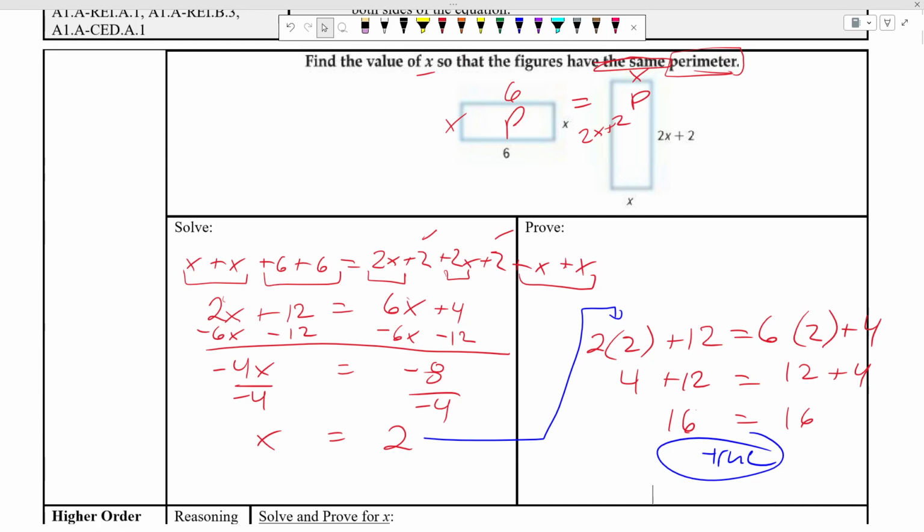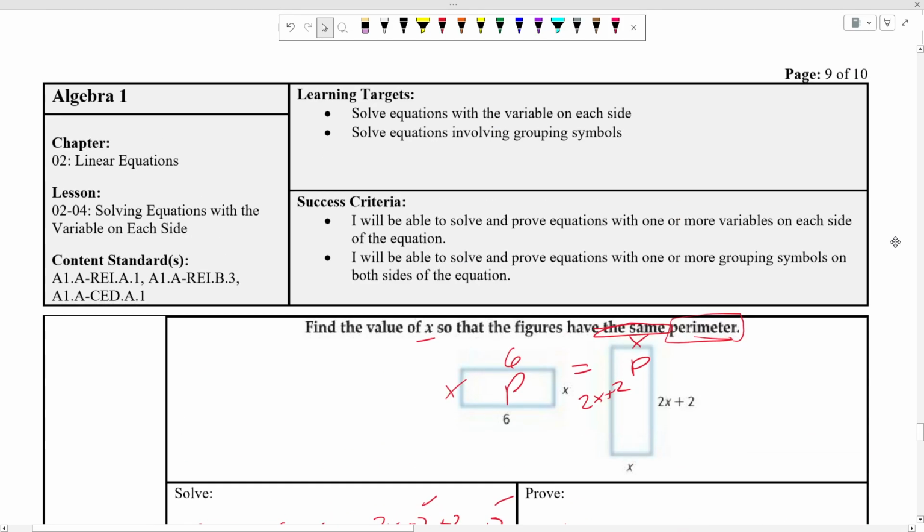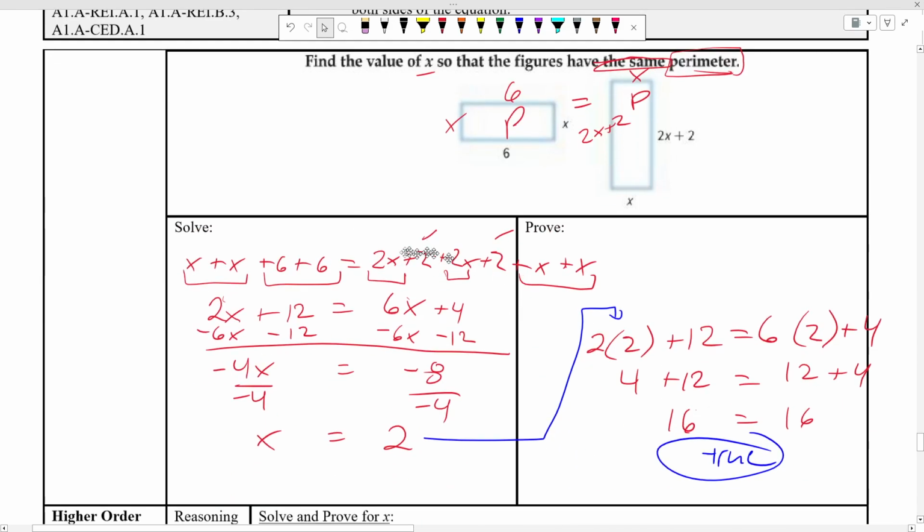But we were able to do it, we were able to persevere, and we were able to accomplish our objectives, which once again, we set out to solve equations with the variable on each side, and we also set out to solve equations involving grouping symbols, and we were successful in doing so. We solved equations and proved equations with not just one variable, multiple variables. In fact, this last geometric one, we had 3 variables, or actually 1, 2, 3, 4 on one side.